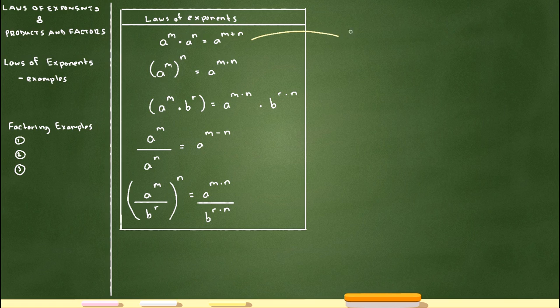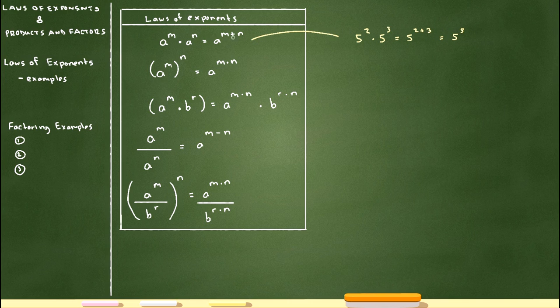So, for example, if we had 5 squared times 5 cubed, this would equal 5 to the 2 plus 3, which is equal to 5 to the 5th power. And you could simplify that if you would like.